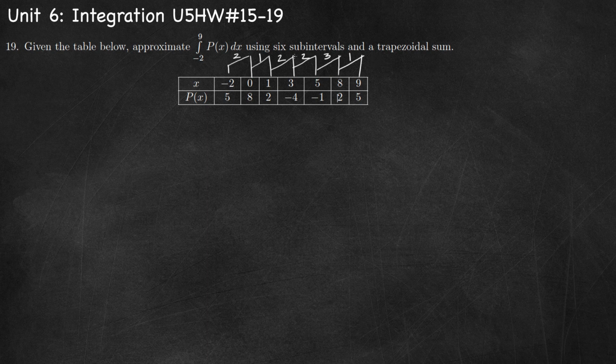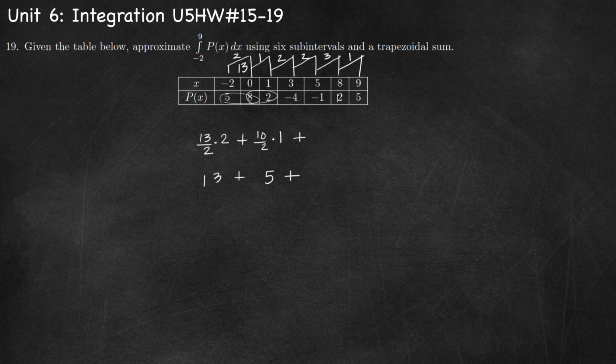We have to multiply those values by the average bases. So 5 and 8 is 13. 13 over 2, that's my average base, times 2. Gives me an area there of 13. Plus, and then I take my average base here, so I'm adding 8 and 2, that's 10. So 10 over 2 times the width, which is 1, and that area is 5.